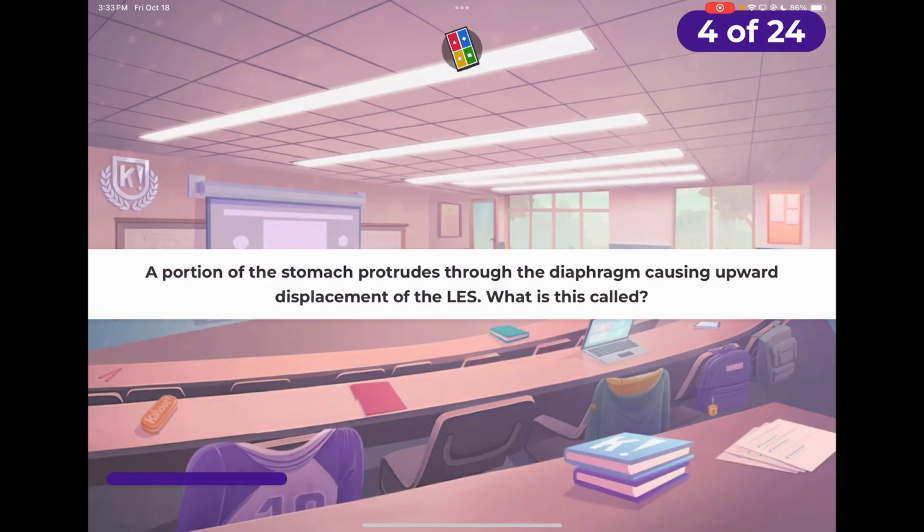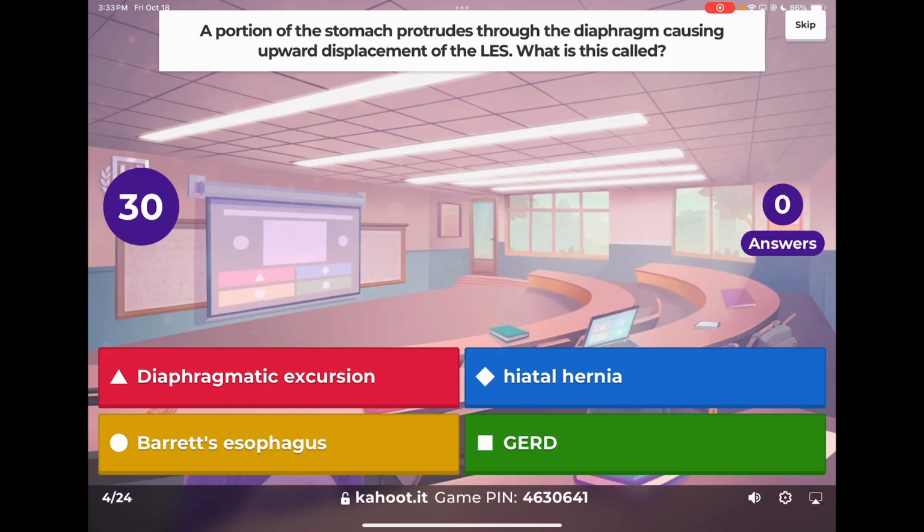A portion of the stomach protrudes through the diaphragm, causing upward displacement of the lower esophageal sphincter. What is this called? Everyone's favorite PD exam, diaphragmatic excursion.